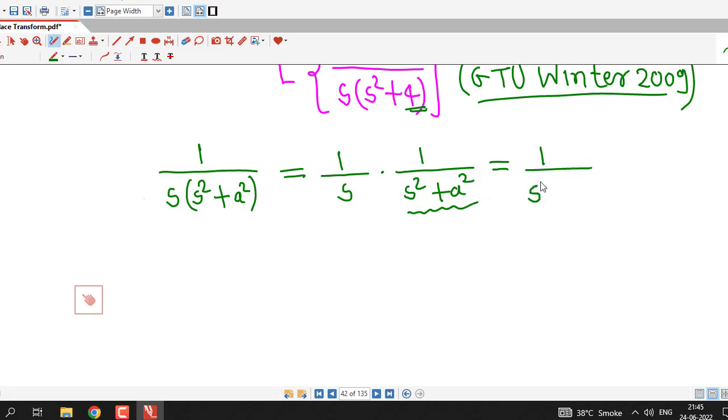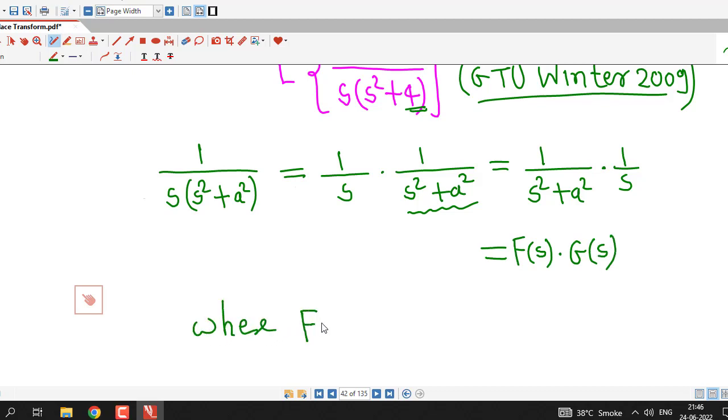So I am writing it this way: 1 by s square plus a square into 1 by s, and this is equal to capital F of s into capital G of s, where we have taken capital F of s equal to 1 divided by s square plus a square, and capital G of s is 1 divided by s.